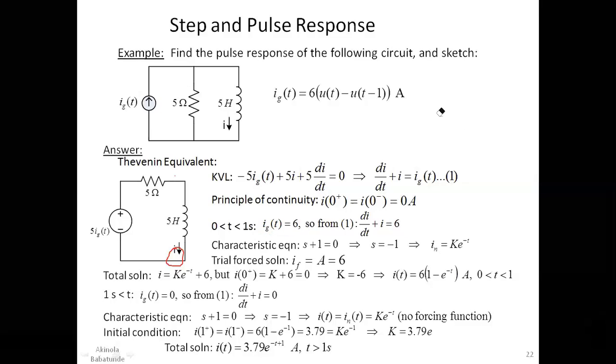First of all, you want to find your characteristic equation. To find the characteristic equation, the coefficient of di/dt will represent s. So we have s plus 1 equal to 0, and from here our s will be equal to minus 1. The natural response is normally K exponential st. Since we found s to be minus 1, it becomes K exponential minus t.